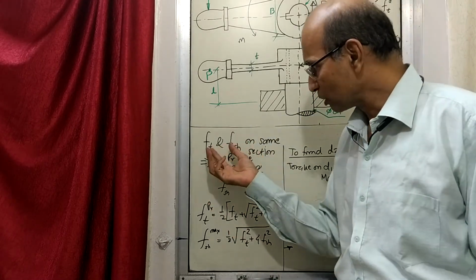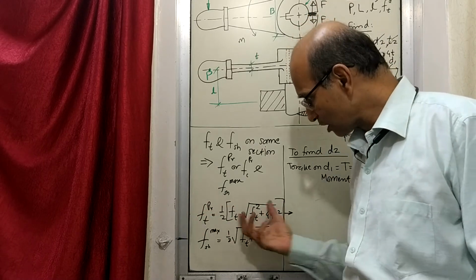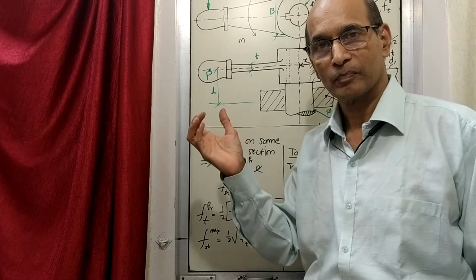Instead of considering two, we consider only tensile stress, the name is different, and that consists of both of them, and then we call this the tensile principal stress and go further.